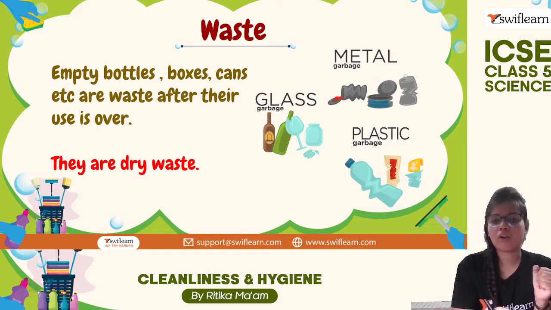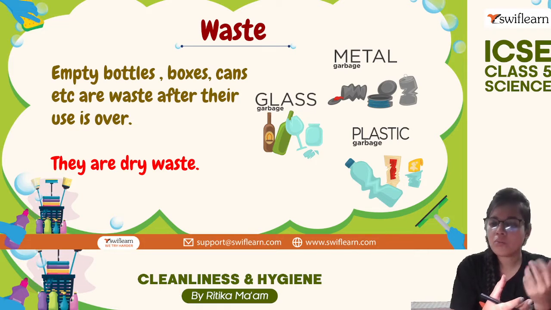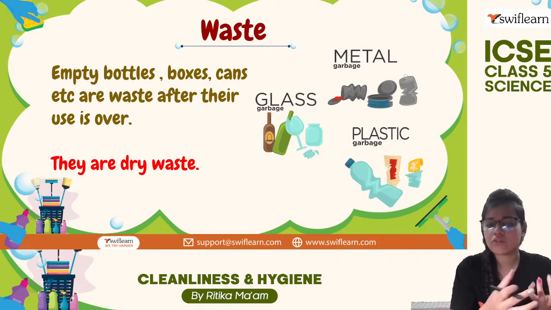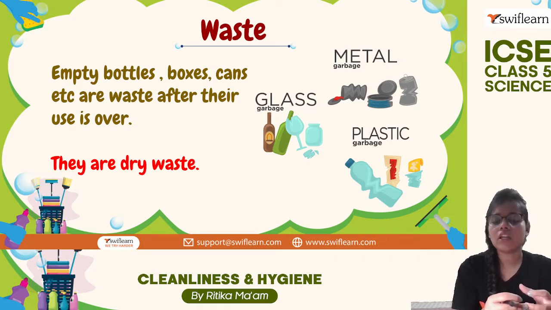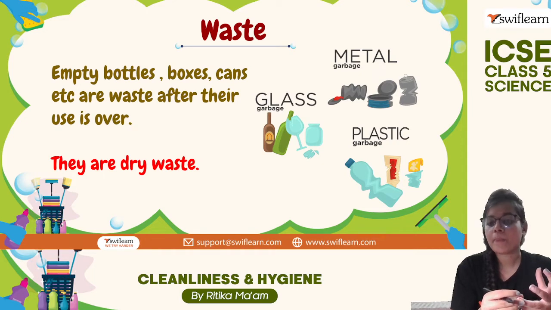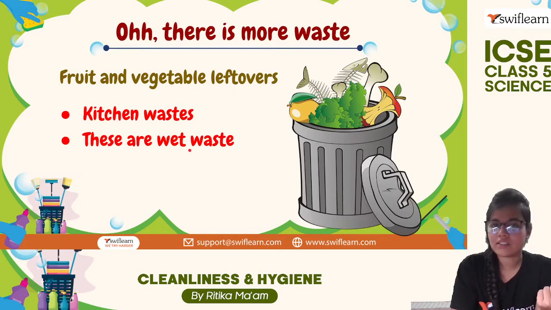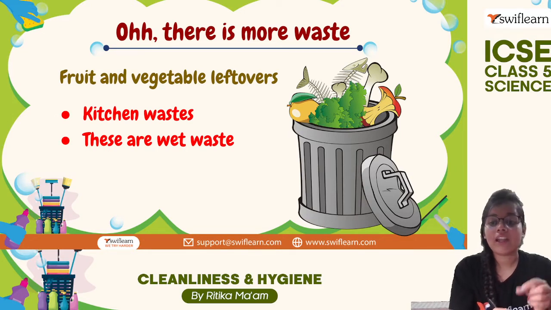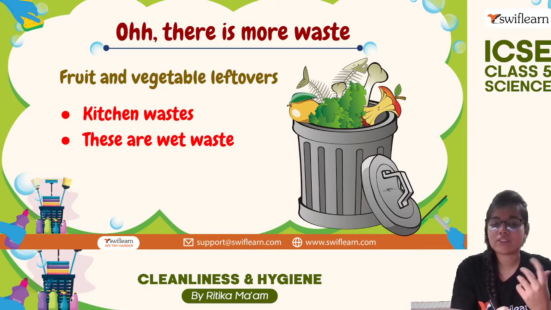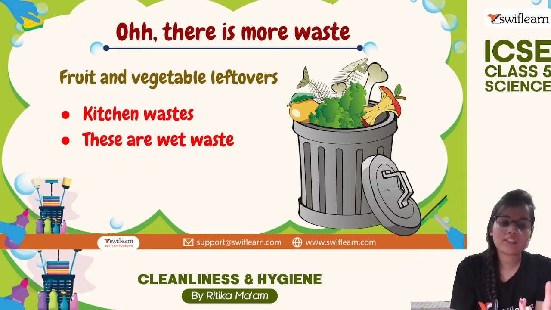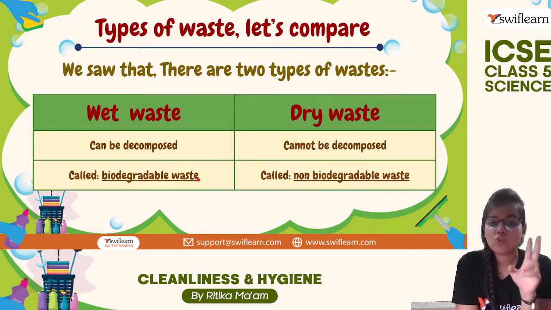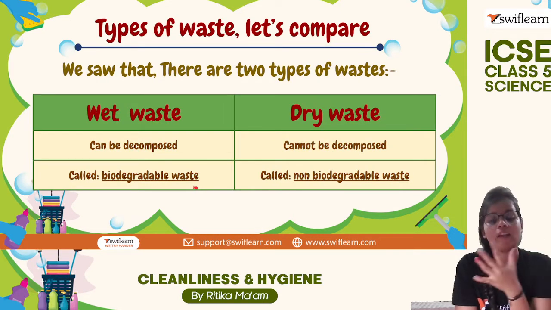A Coke bottle, Coca-Cola or any soft drink bottle, after we use it, becomes waste. Metal cans, etc., also become waste. So these are the dry waste substances. And the leftovers of fruits or vegetables or any kitchen waste become our wet waste. So there are two types of waste, dry and wet waste.